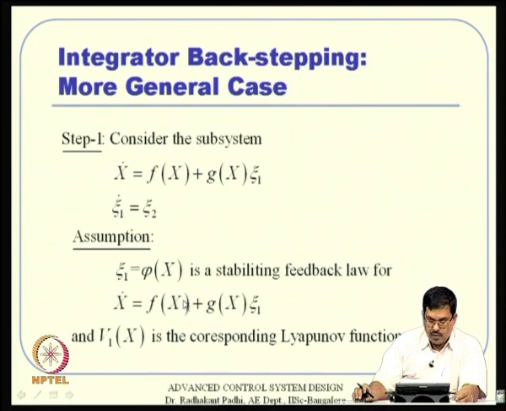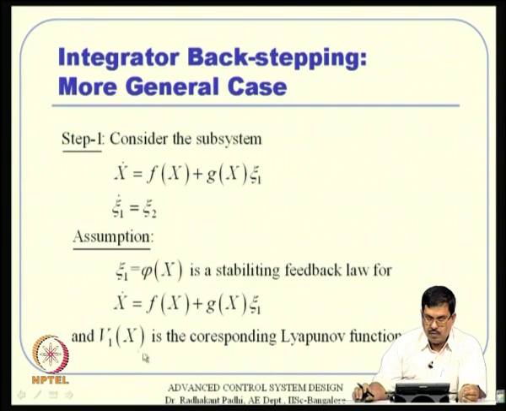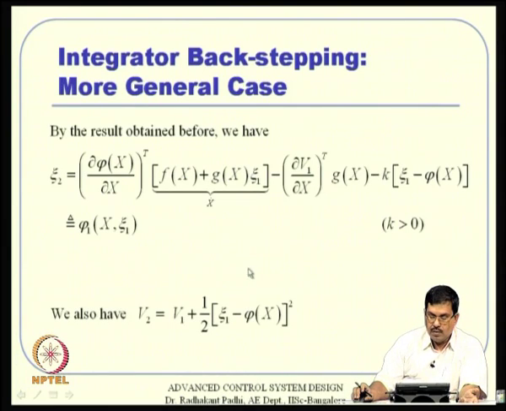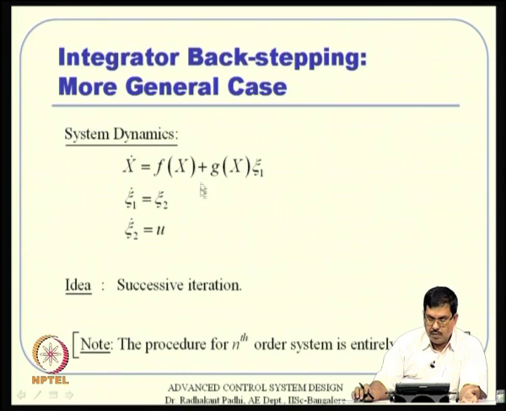So, we will proceed exactly the same way that we just discussed. This v1, the corresponding Lyapunov function, is available, and xi1 can be done the way we just discussed. So we just do that.